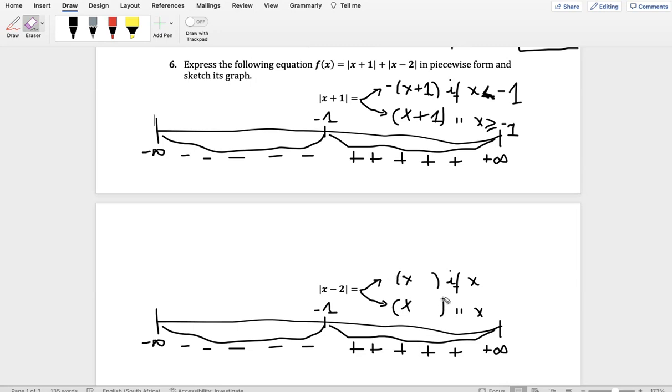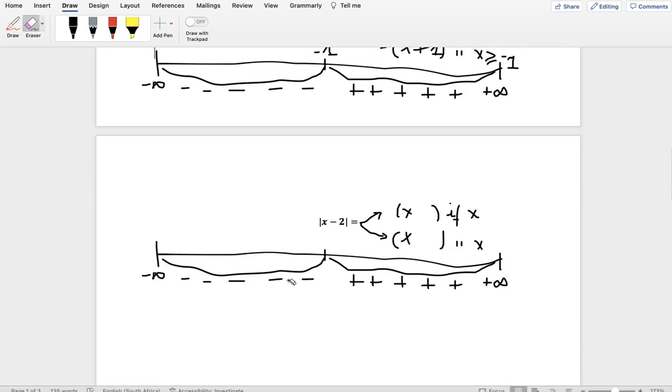Okay. So in our case now, we have x minus 2. What is the significant number for x minus 2? What makes x minus 2 zero? It's 2, guys. Positive 2.